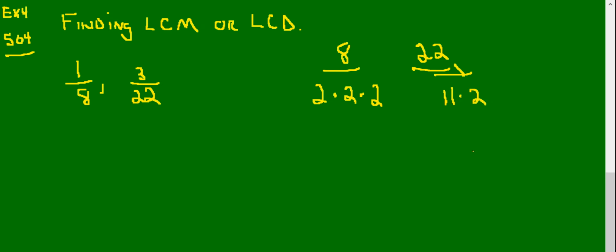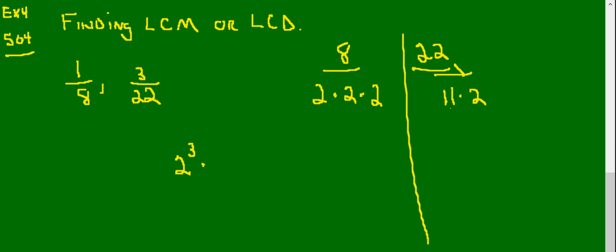Okay, everything's in prime numbers now. So what I do is compare my results of the prime factorization. Here I've got three 2's and only one 2 with the 22. So the three 2's win. So I can put 2 to the third as well. Then I want to multiply that by the winner of the 11.